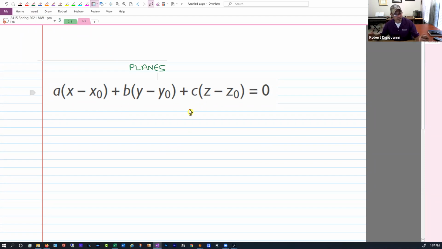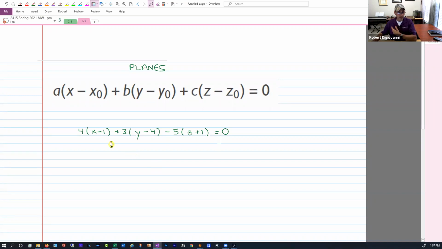I'll give you a specific example. What if I had 4(x minus 1) plus 3(y minus 4) minus 5(z plus 1) equals 0. So if I look at this equation, I have to recognize this is the equation of a plane.